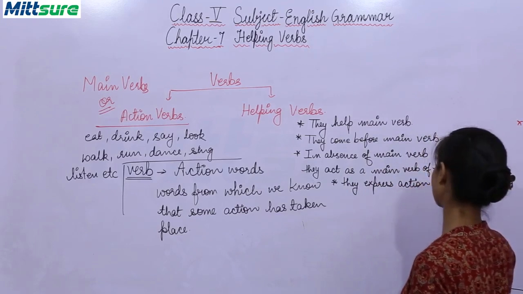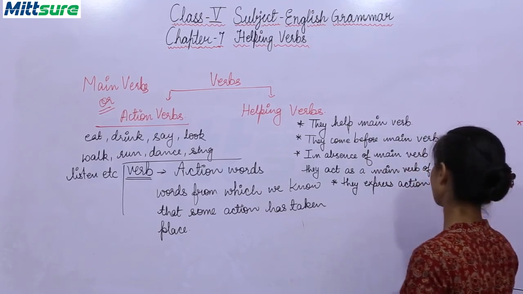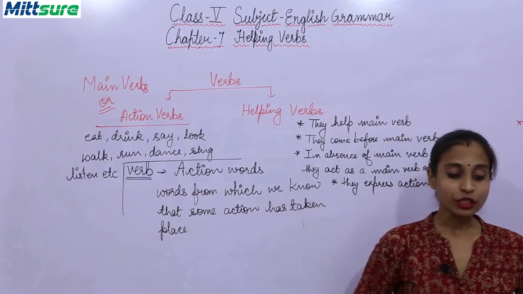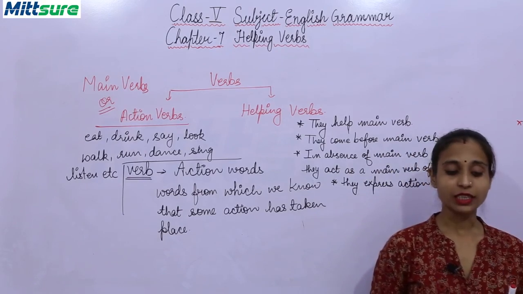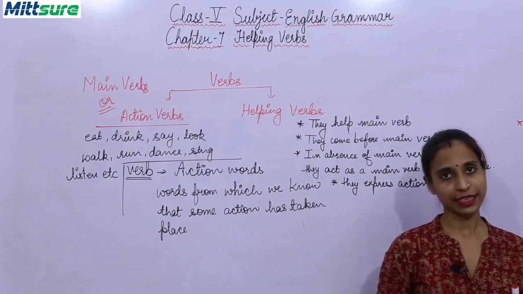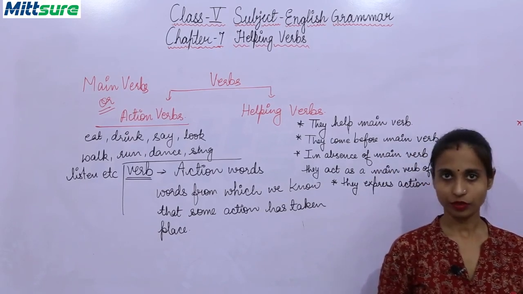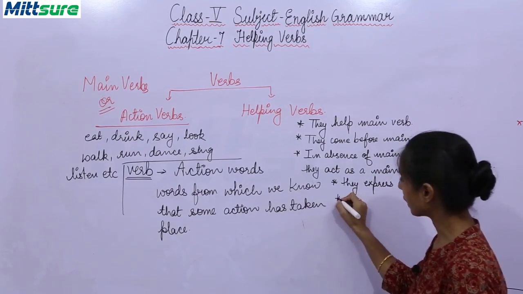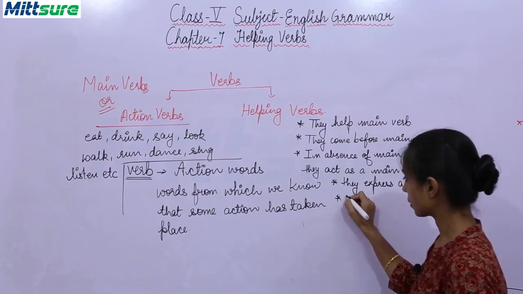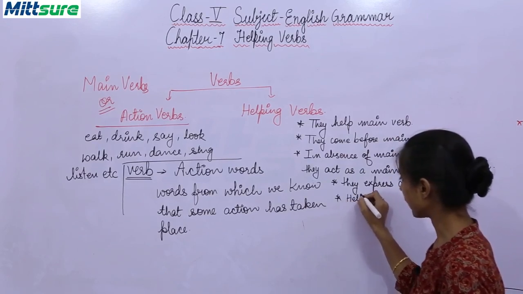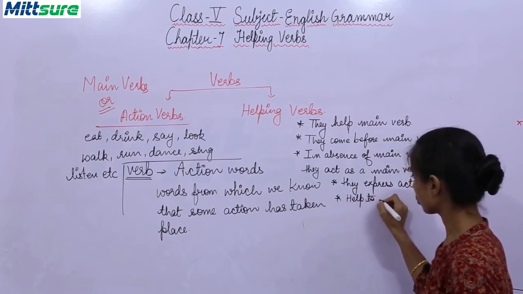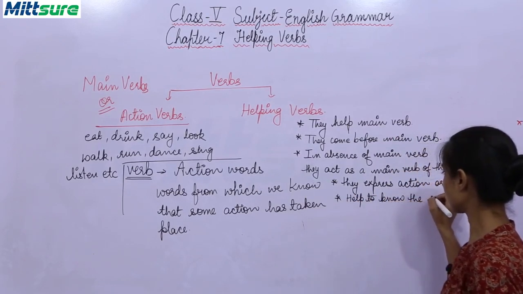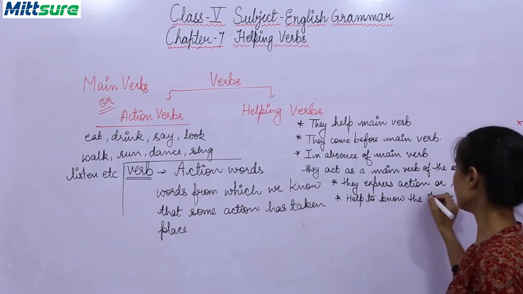That means condition of a noun or a pronoun. They also indicate how the time is used in a sentence. All right. By seeing the helping verb, we can come to know the tense. They help to know the tense of the statement.